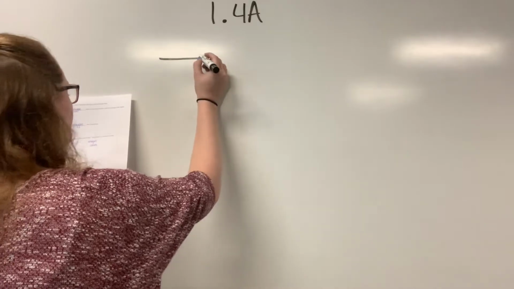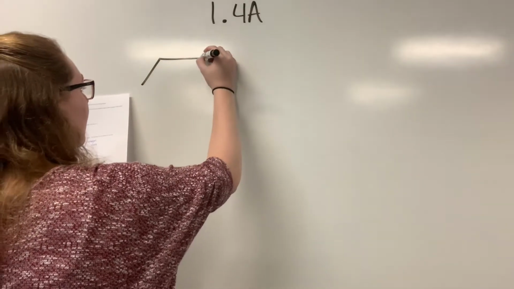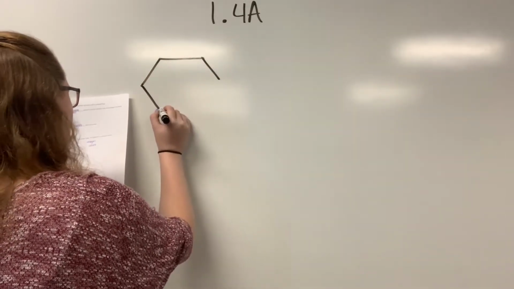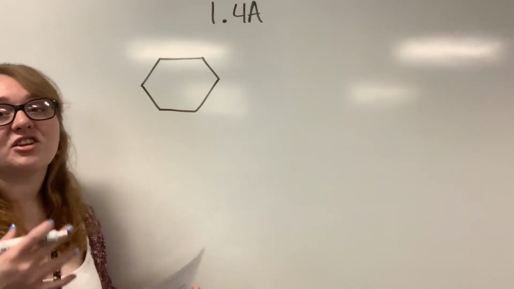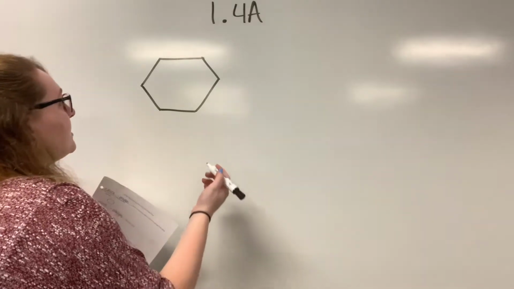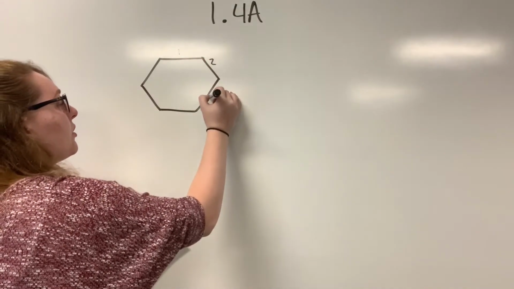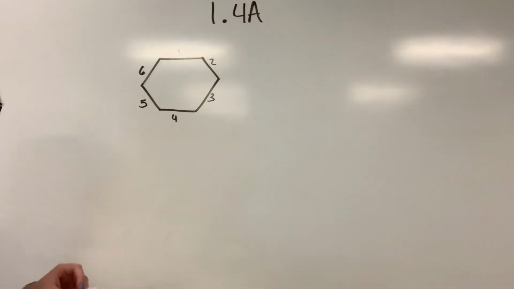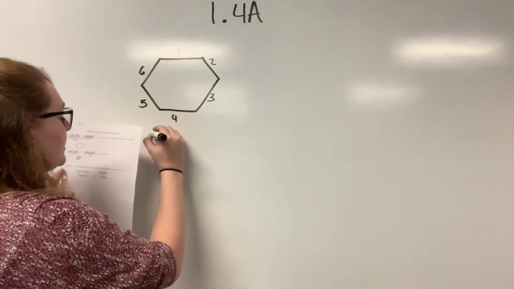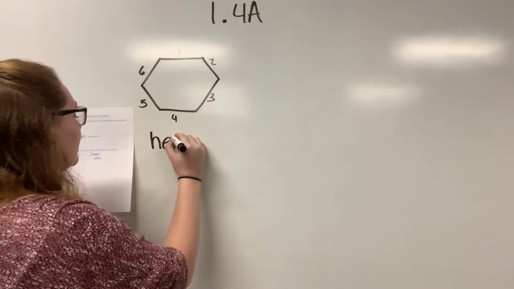So if I have a shape that looks like this, first thing, we want to name it based on the number of sides it has. So let's count how many sides it has. 1, 2, 3, 4, 5, 6. Going back to our chart, if we have 6 sides, this is called a hexagon.